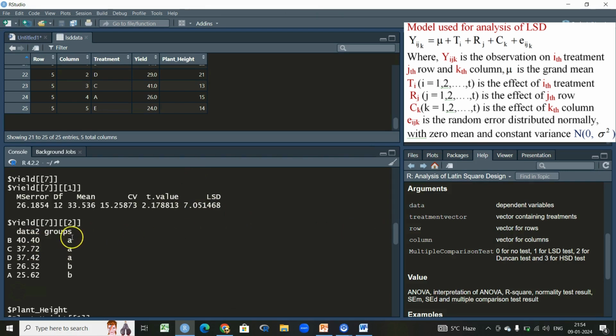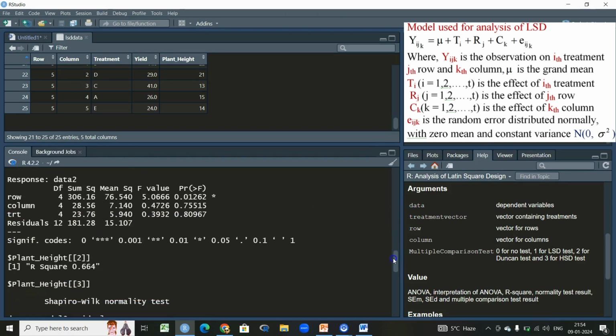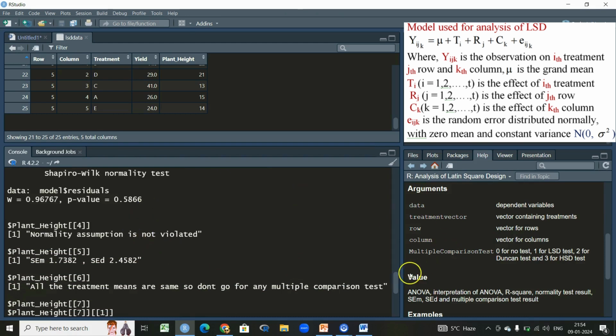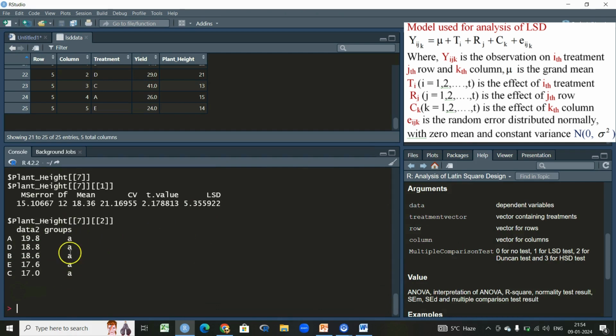They are given the same code because their difference is very small, which is why they are non-significant. As for plant height, only rows are found to be significant, and the errors are normally distributed by the Shapiro-Wilk test. All these treatment values are non-significant because the LSD value is 5.3, which is much higher in comparison to the differences among these treatments.